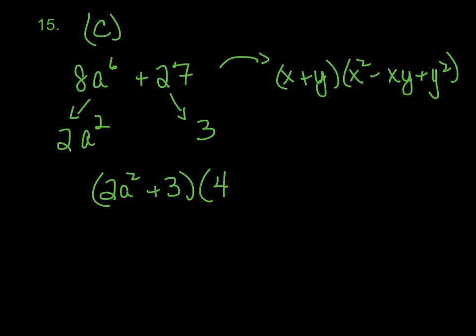So square 2, I get 4, and that would be a to the 4th minus 6a squared, because remember, x times y is the first term here, times the second term there, plus y squared, which is your last term, which is that 3, which would be 9. Now if you look at that answer and compare it to choice C in the second set of parentheses, that's a plus 6a squared, and it is supposed to be a minus. That's why your answer is choice C.